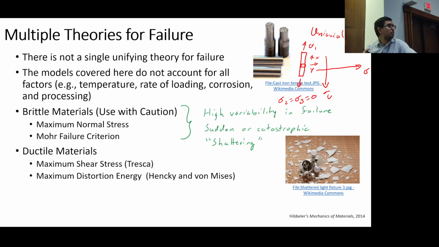So first off, what have I described? What state of stress are we in in this case? If I'm saying I have a sigma x equal to something, a sigma y equal to 0, and a sigma z equal to 0, what state of stress will that be? As a name.